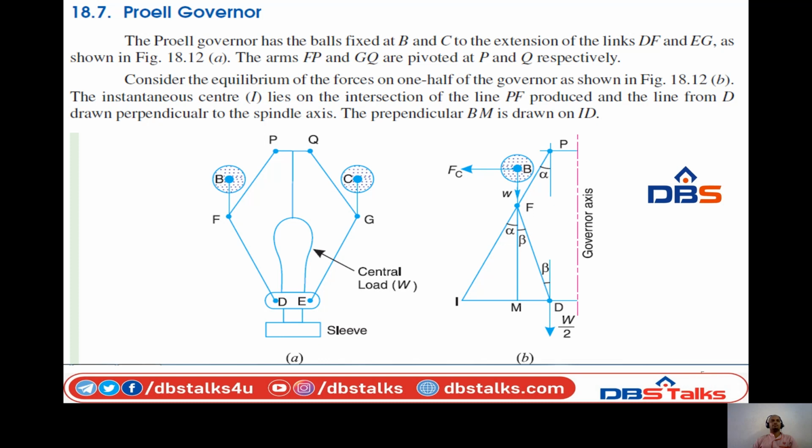These two are very similar. This Porter governor is just a modification of the Watt governor. We can say the extension of the Watt governor is called a Porter governor.